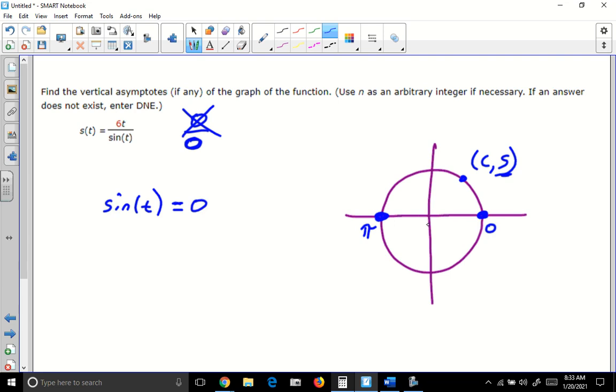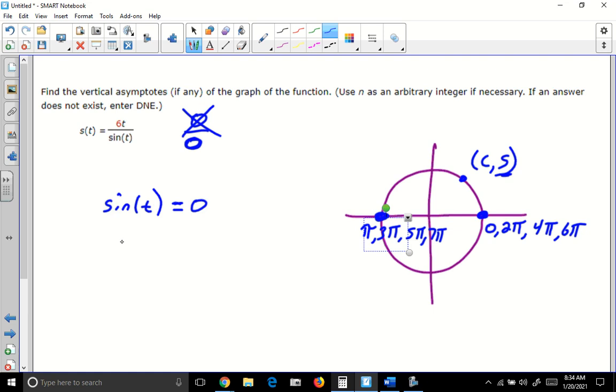And if we keep on going around, this point here is also known as 2 pi. If we keep on going around, this point is also known as 3 pi, 4 pi, 5 pi, 6 pi, 7 pi, and it also goes in the negative direction as well.